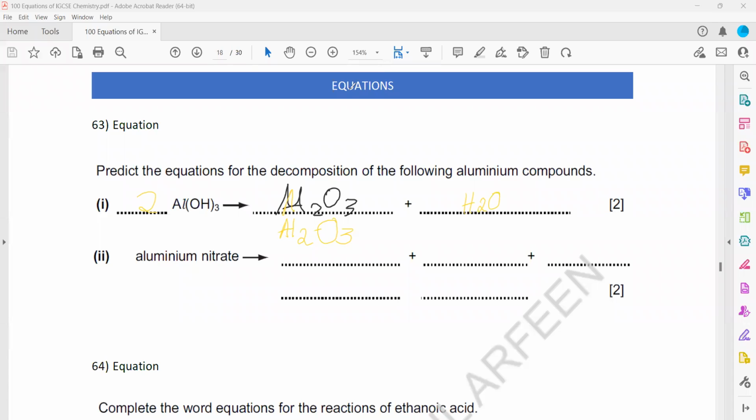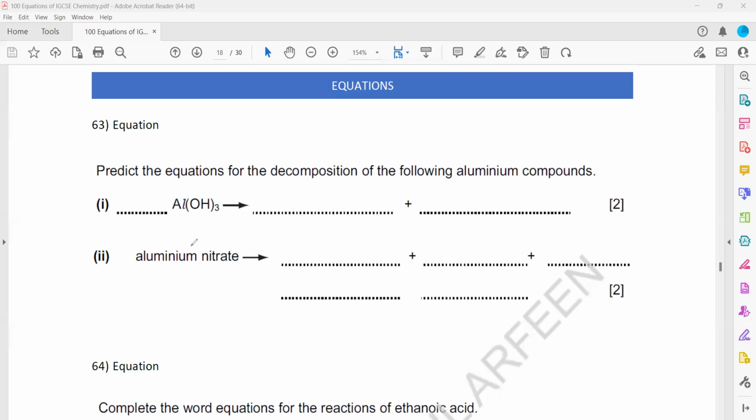So how can we balance them? What number should we put? We'll put 3. That will make 6 hydrogen. As you can see, this 2 is multiplied by 3, 6 oxygen are there and 6 hydrogen. So there will be 6 oxygen. So this equation is now balanced in terms of all.